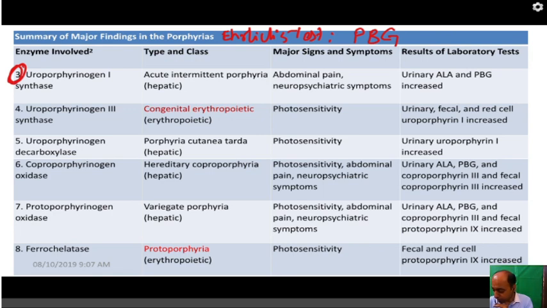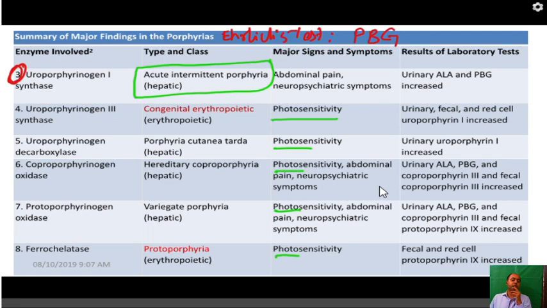Now here, what are the things that you need to know? Number 1, the photosensitivity is not seen in acute intermittent porphyria. You can see in all the others you find the photosensitivity, but it is not seen in acute intermittent porphyria because the ring structure is not formed here.